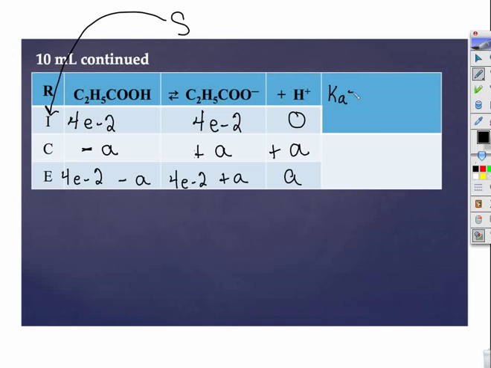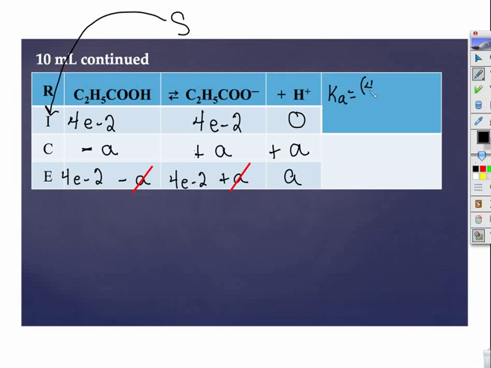So now our Ka, we've already set up the expression, so I'm not going to do that again, but the number in front is greater than 10 times our K, so I can neglect that. This number in front is greater than 100 times our K, so I can neglect that. That just means the percent dissociation is teeny, tiny.